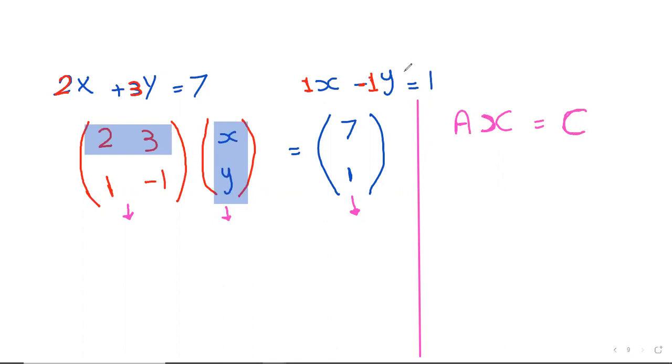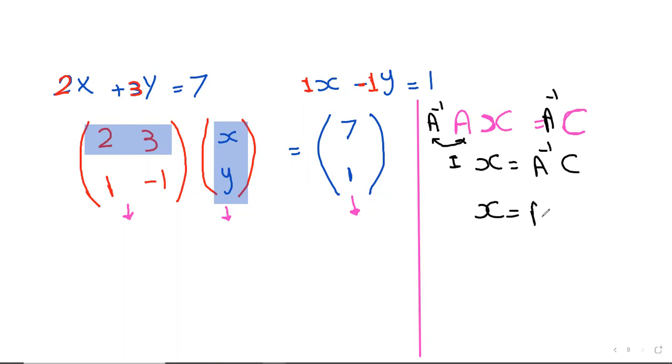How can we get the matrix X? Multiply here by A to the power of negative 1, and here by A to the power of negative 1. A to the power of negative 1 multiplied by A, it's I. As you know, I multiplied by X equals A to the power of negative 1 C. So X equals A to the power of negative 1 C.